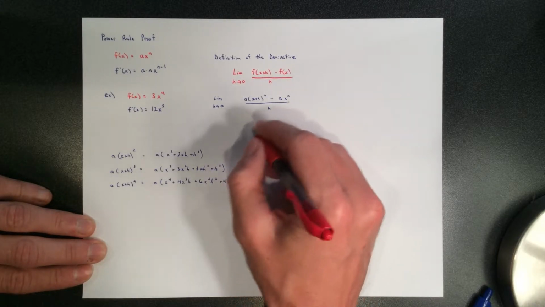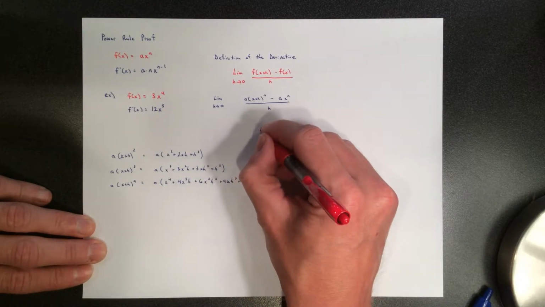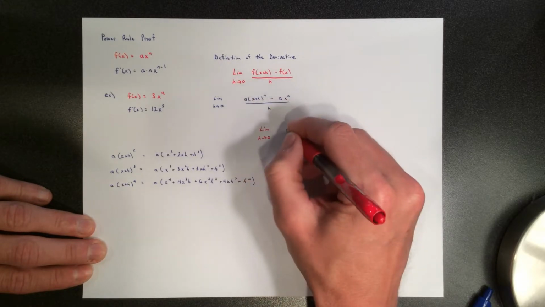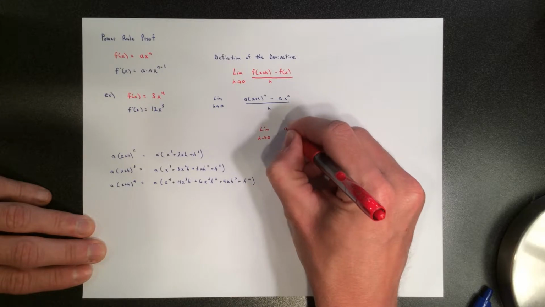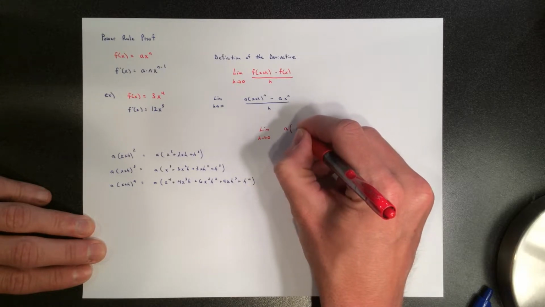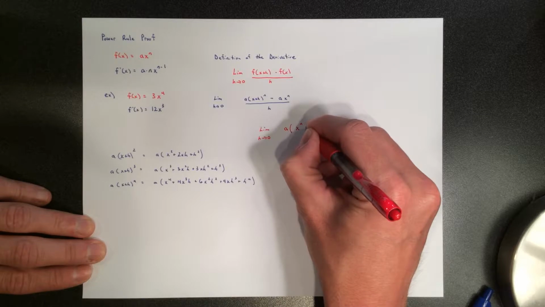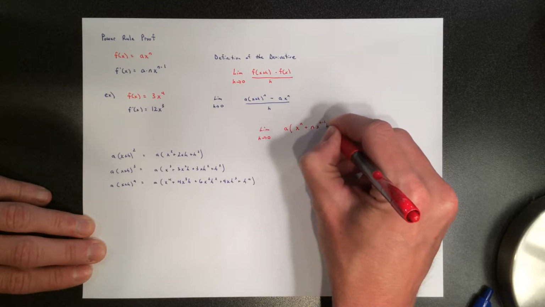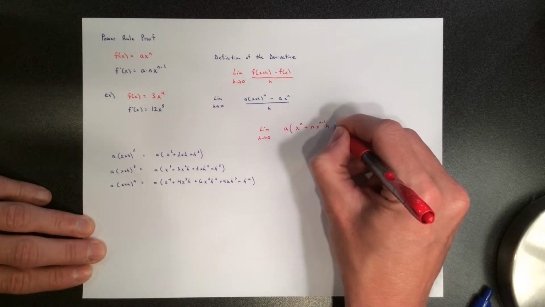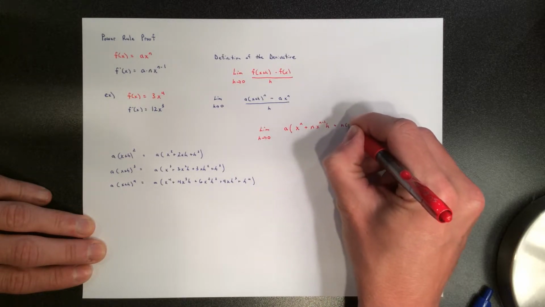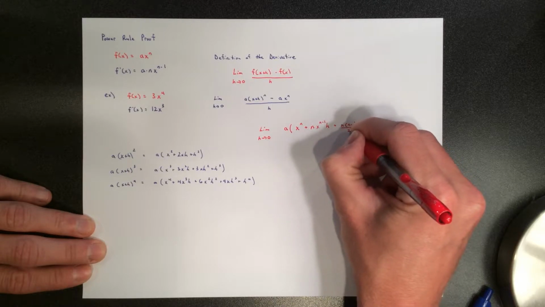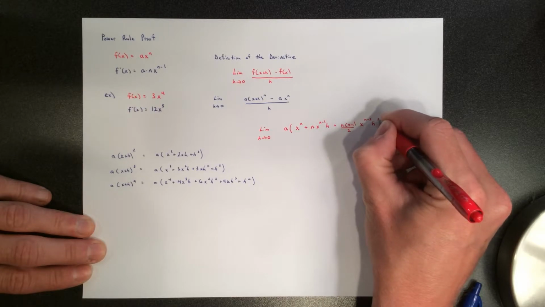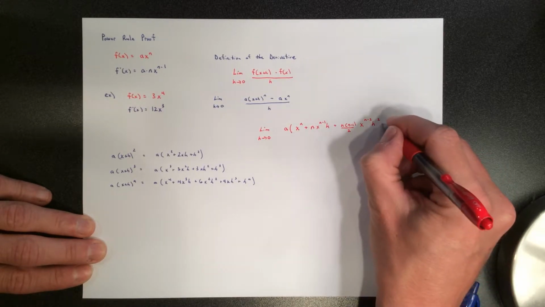It turns out that if you expand that, again looking at the limit as h goes to 0, you would get a times x to the n plus n x to the n minus 1 times h plus n times n minus 1 over 2 x to the n minus 2 h squared plus dot dot dot.